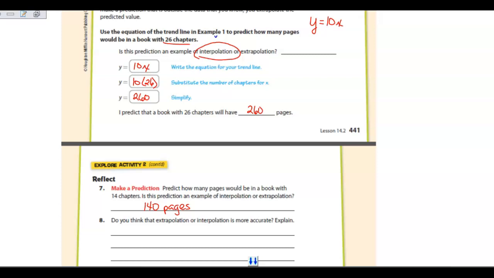Did there seem to be some type of trend going on or not? So extrapolation is taking it from samples pulled from shelves, and interpolation is taking that information from a trend line from previous information that we've gathered and finding the number of pages from that. So there are two different ways of looking at that.